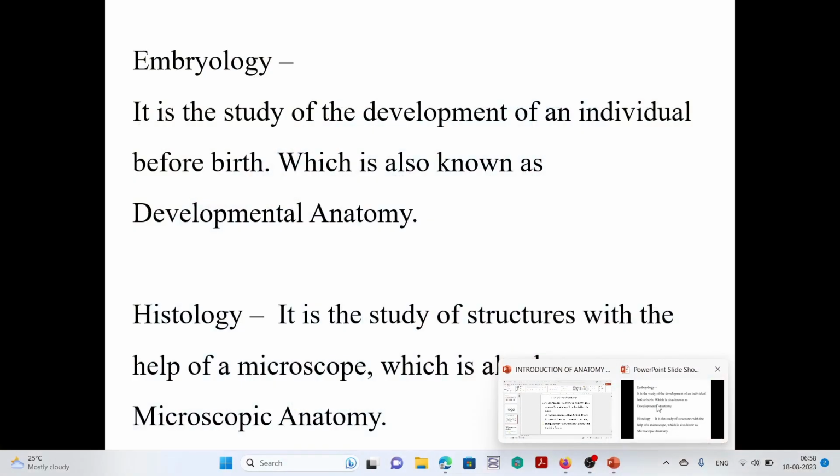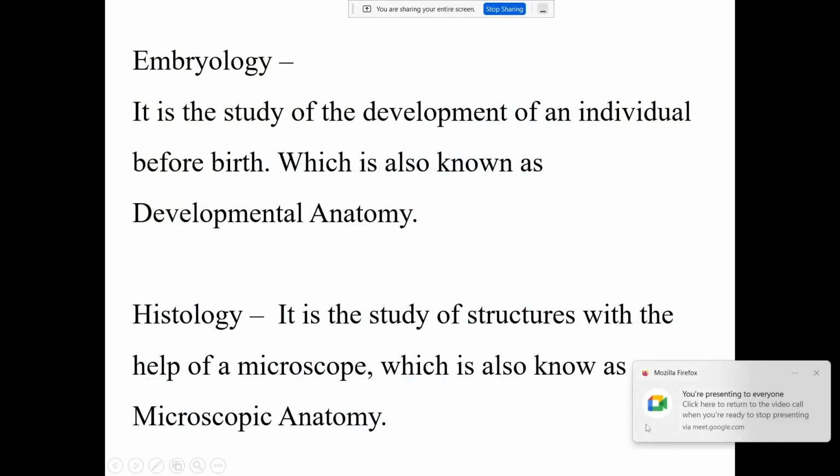So in this way we have to take embryology as nothing but developmental anatomy. How it develops, how the limbs are developed, how the thorax or abdominal organs or respiratory organs develop. That study is called developmental anatomy.